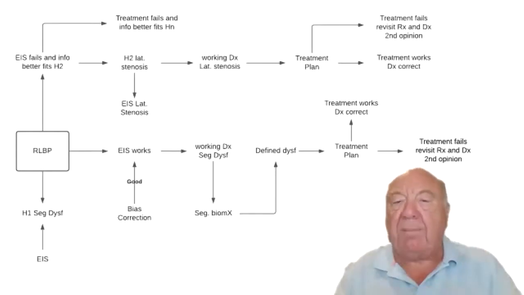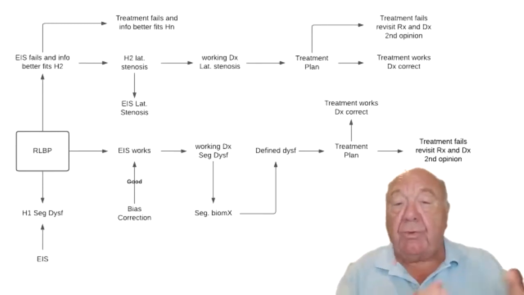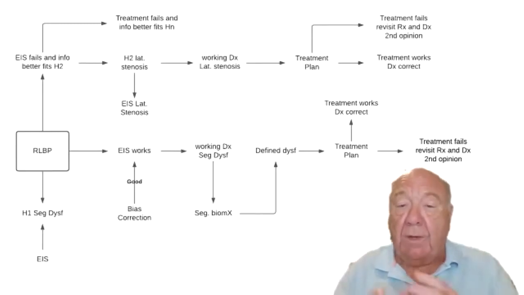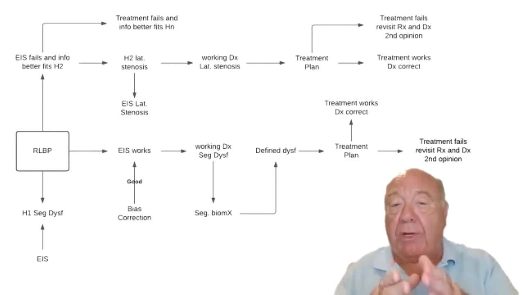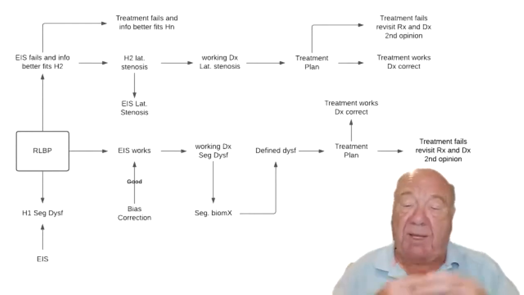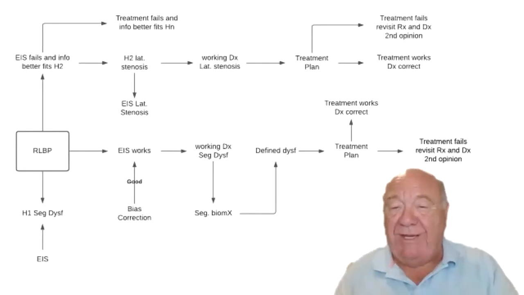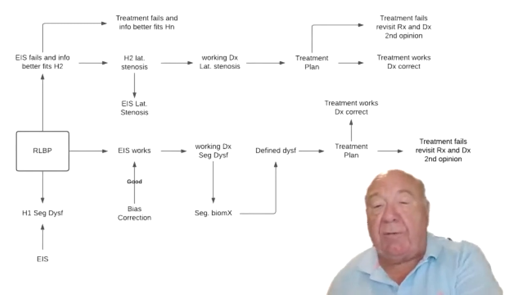You then do a biomechanical exam. If it's negative, then your initial diagnosis, your hypothesis, is wrong, but more likely it will be positive, and you'll come up with a defined segmental dysfunction. That will lead you to the treatment plan, which may be manipulation, whatever it is, but you need to get this thing mobile if this is what you're dealing with, or stable if you're dealing with instability.